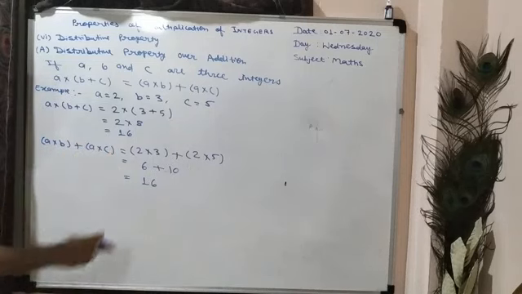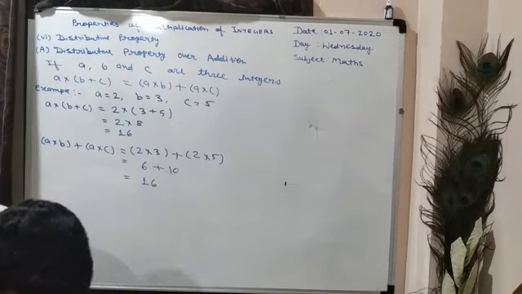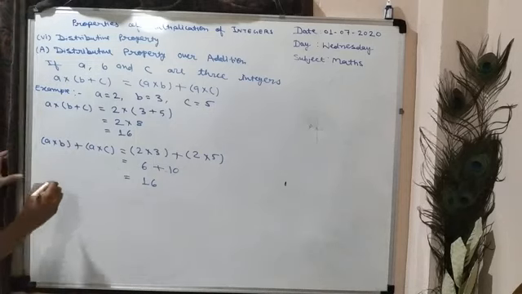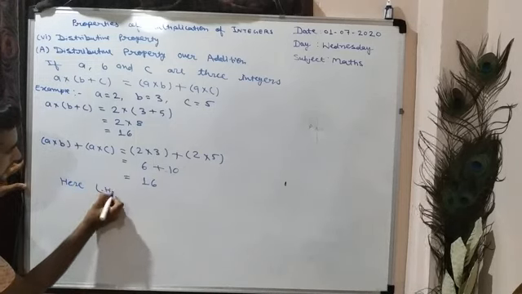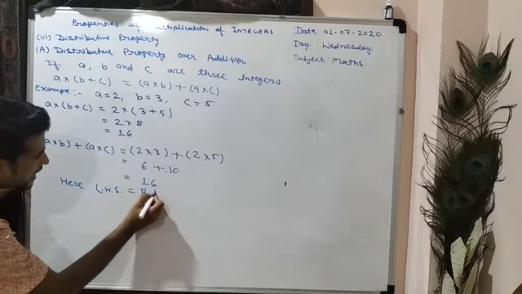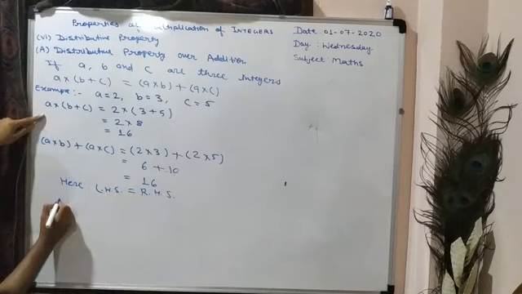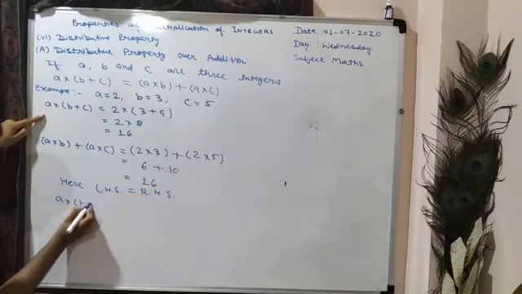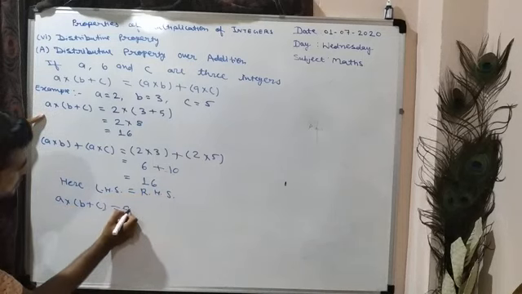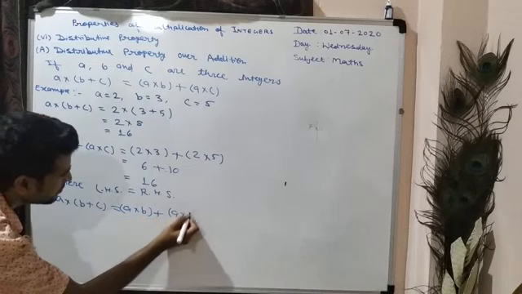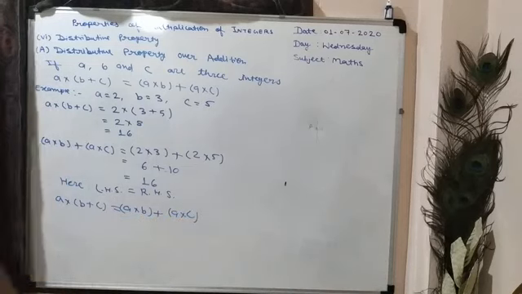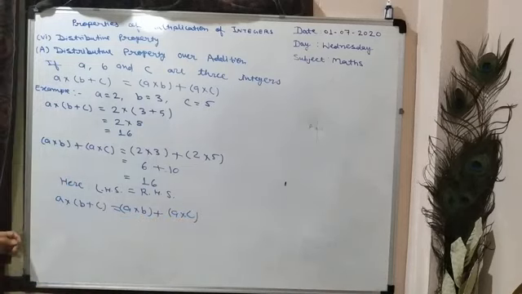What is our RHS part? 16. So here we can say LHS is equal to RHS. That is A into B plus C is equal to A into B plus A into C. Here we can say verified.